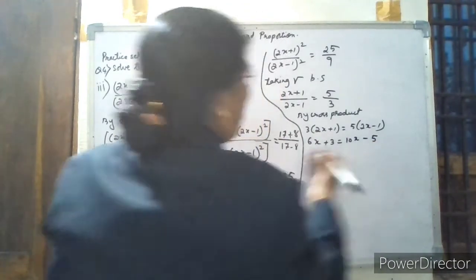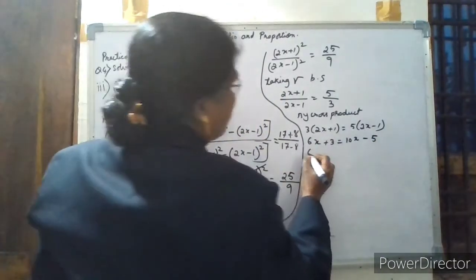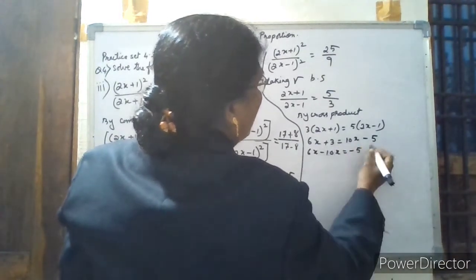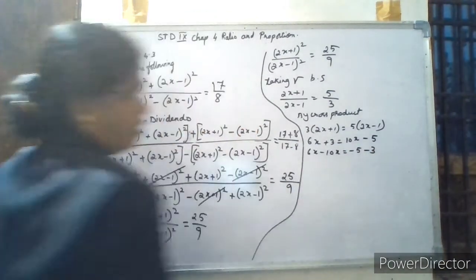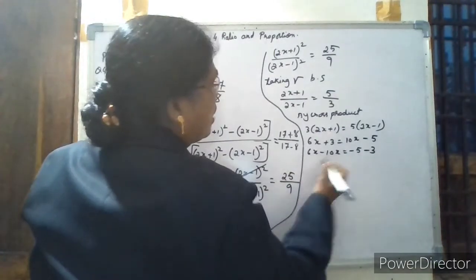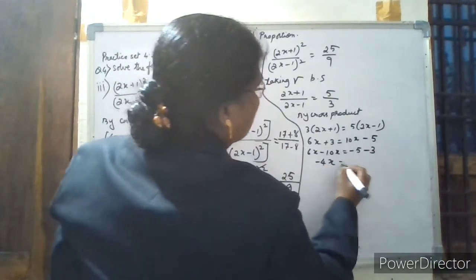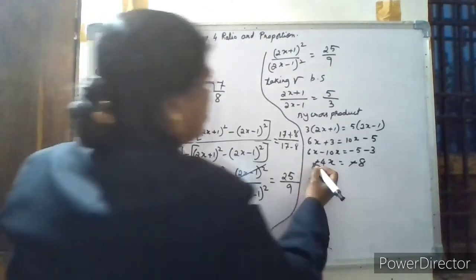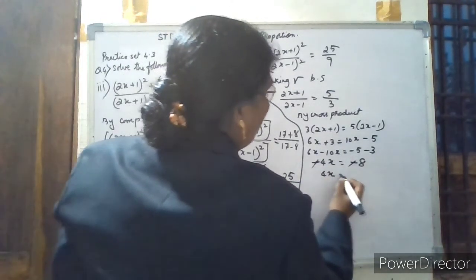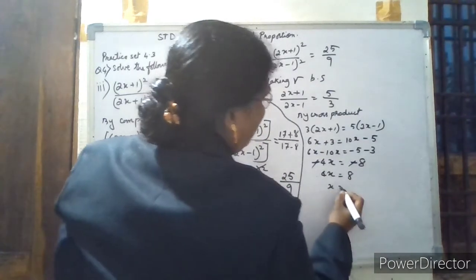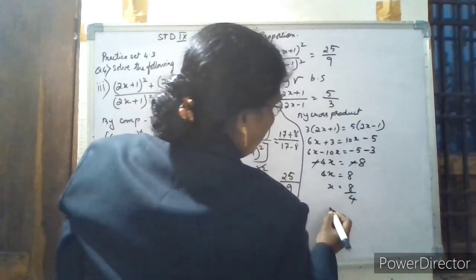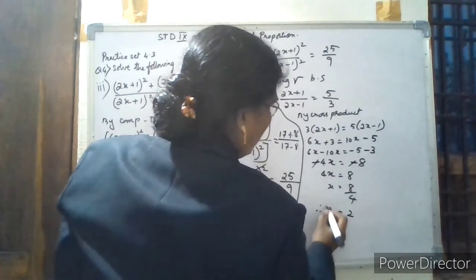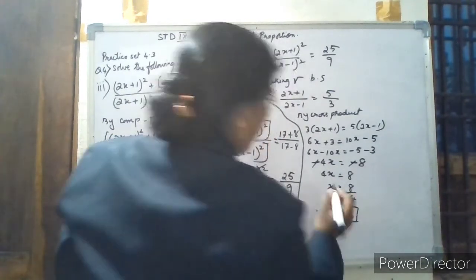All the x terms you take to one side, so 6x minus 10x will give you equal to minus 5, and this will go to the other side, so again it is minus 5. So here we get minus 4x equal to minus 8. Both sides have a minus sign, so cancel it, and therefore 4x is equal to 8. x will be equal to 8/4. So x is equal to 2.